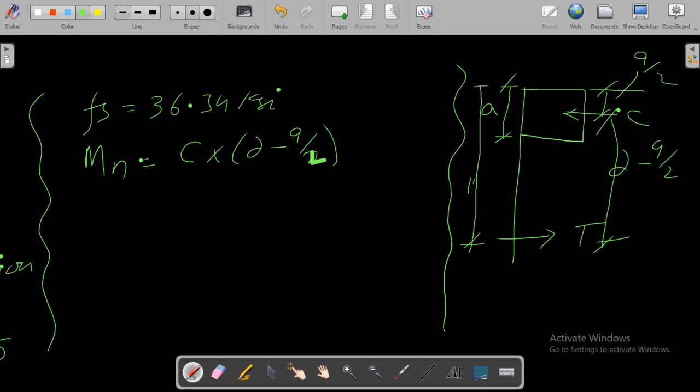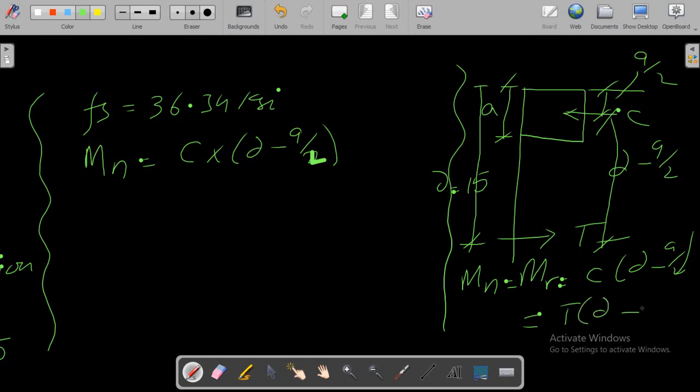So the moment of resistance Mr or Mn, we equate this with Mn, it can be C times lever arm d minus a over 2, or it can be found out by T times d minus a over 2, and we know T is equal to AsFs.